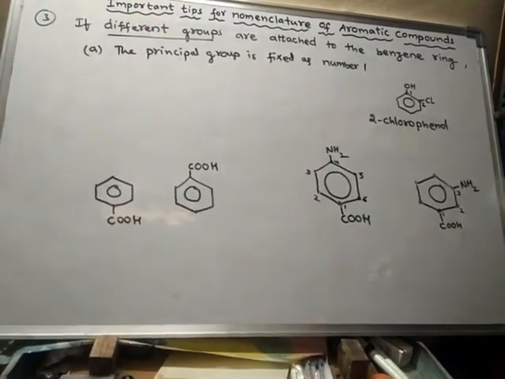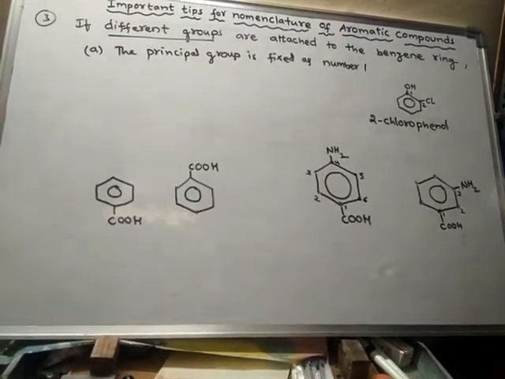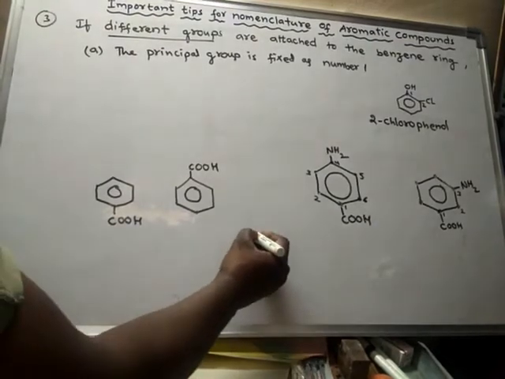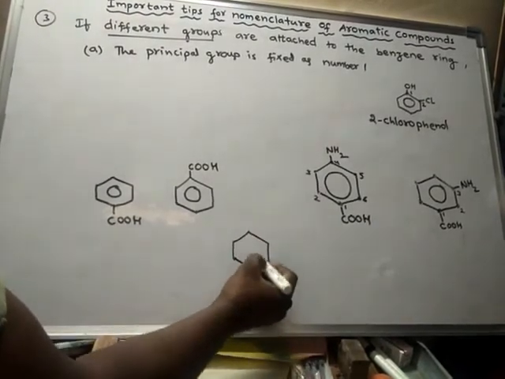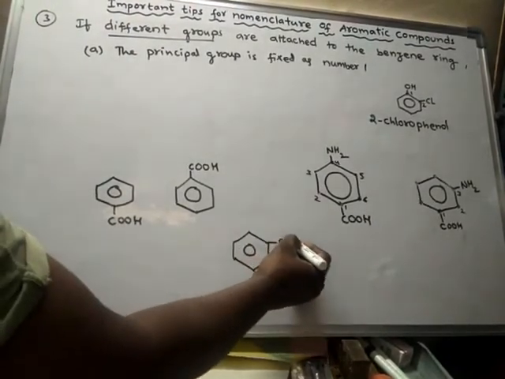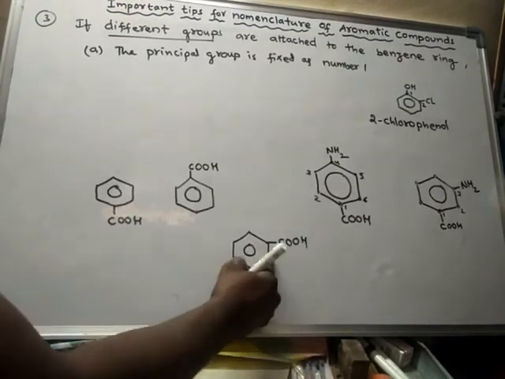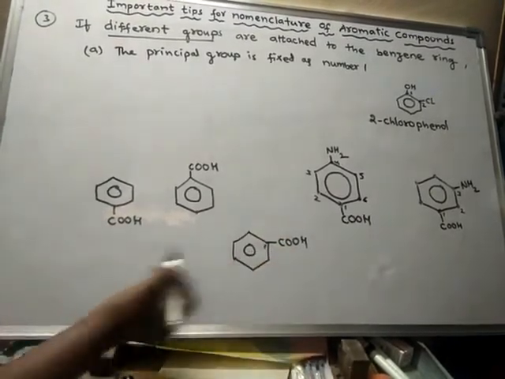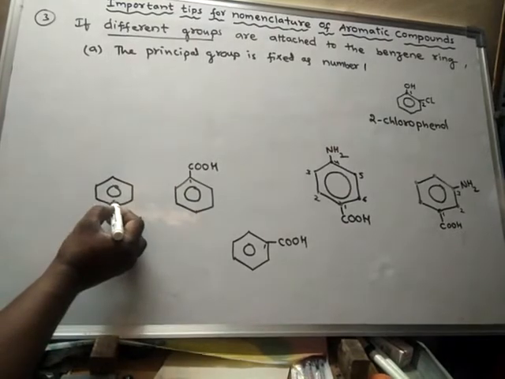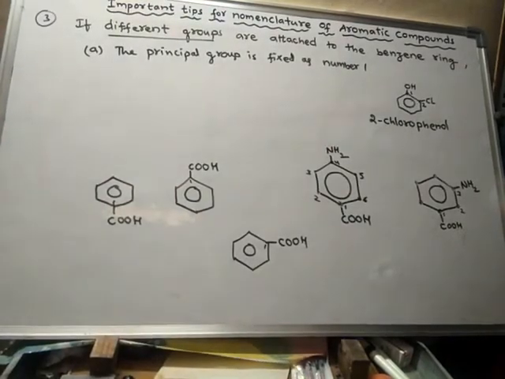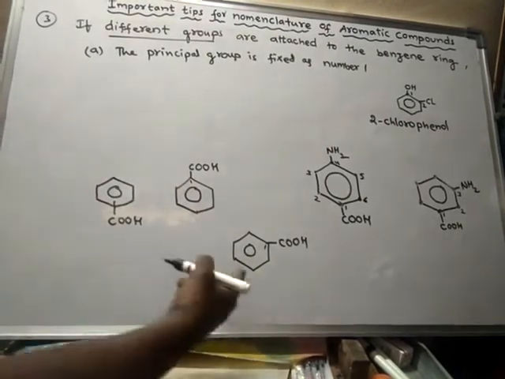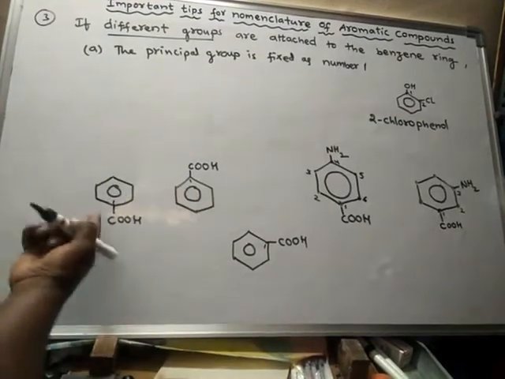Remember, don't get into confusion. This is also the same. Now this will be the first carbon, this will be the first carbon, this will be the first carbon: benzoic acid, benzoic acid, benzoic acid.